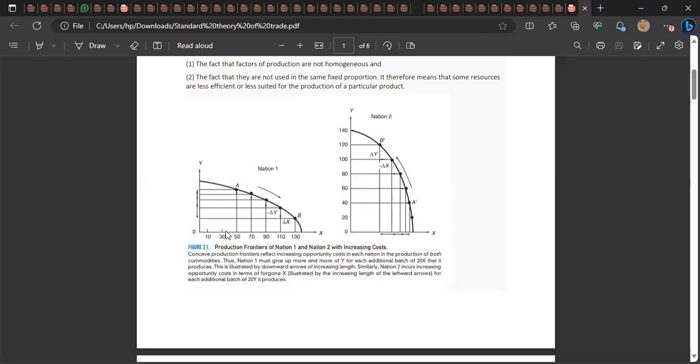For instance, we said if there's more on the X here, it shows us that it's a lot easier for nation one to produce commodity X, which is a labor-intensive commodity, because nation one is labor abundant. There are two sources of labor abundance: either there's a lot of labor in sheer numbers, or labor is cheaper in that country.